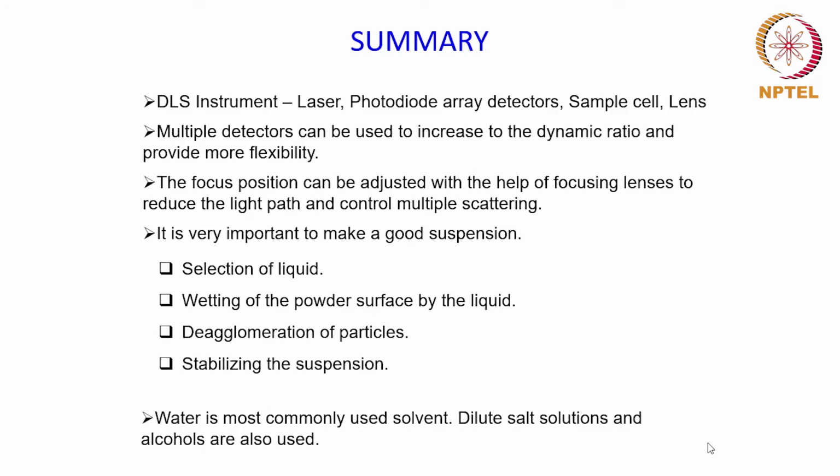All right, let us take a moment to summarize this lecture. In this lecture, we have learned about the DLS instrument, which basically consists of a laser as a monochromatic light source, and then there are detectors, photodiode array detectors, which are used to capture the scattered light beam intensity, and then the sample, which is a fluid containing the dispersed particles, is sent through the sample cell, which is placed in between the laser and the detector.